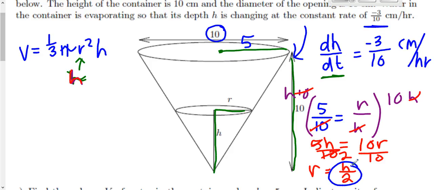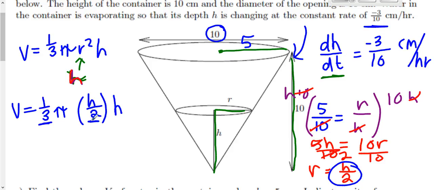So we can use this, and we will have only h there. We can't do it if we have too many variables in there. So, oops, not the derivative, just our regular volume. Volume is equal to 1/3 pi. Instead of r, we now have h over 2, times h. Simplify that out. We have to square that first, order of operations.